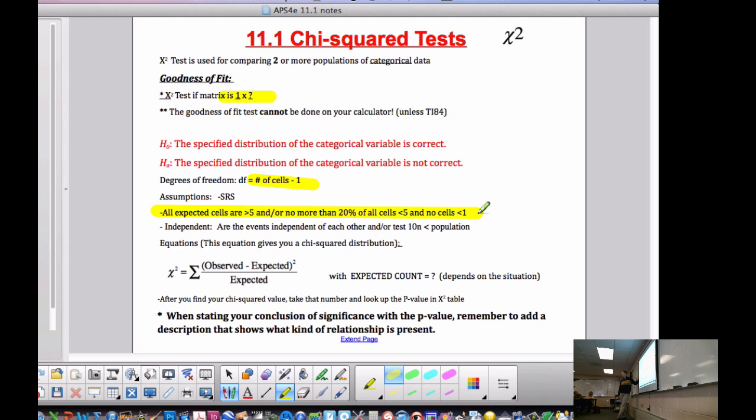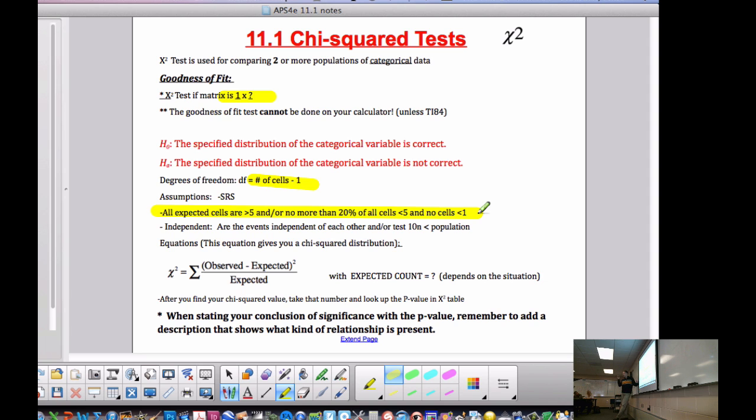If you do, then you have to proceed with caution. Again, all expected cells are greater than 5, no more than 20% of the cells are less than 5, and nothing can be less than 1. So what's a cell? A cell is quarter 1, there were 19. Quarter 2, there was 28. Quarter 3, there was 16, and then 31. Each one of those is a cell of your original data. And then independence, nothing changes there.